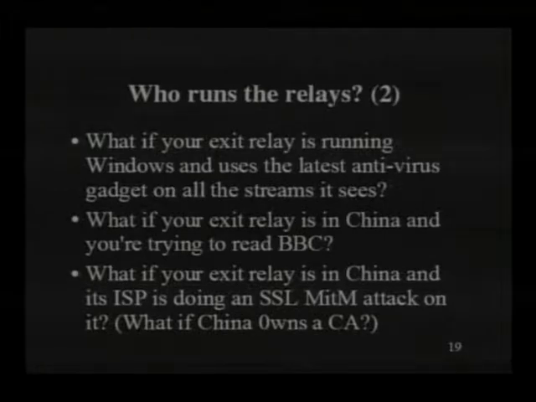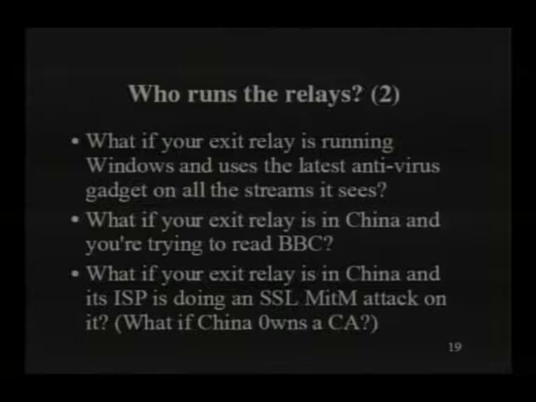What if you happen to pop out of an exit node in China and it's doing an SSL man-in-the-middle attack on you? We actually encountered this. We were searching through the exit nodes, trying to figure out which ones were doing bad things. And there was an exit relay that was just taking off the SSL certificate and putting on its own self-signed certificate. So you go to eBay or PayPal or whatever, and it gets to read all your encrypted traffic. And we thought, oh my God, there's somebody attacking the Tor network.